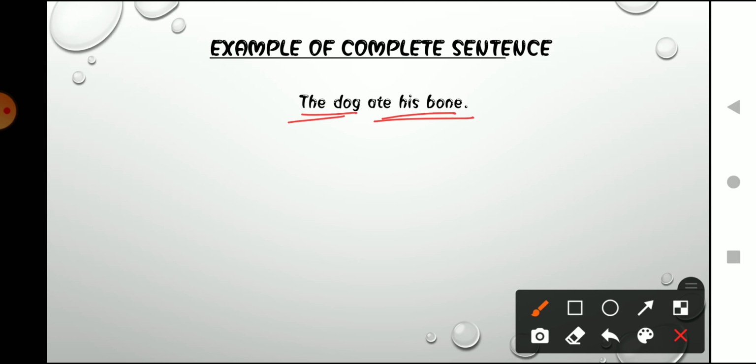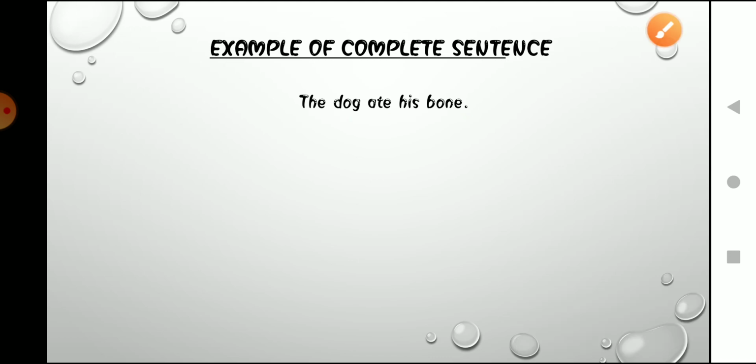If I ask you, can you identify who and what the subject is doing in this sentence? Who basically is about the subject. So who is the subject here? That is, the dog. We get our answer to the question who.